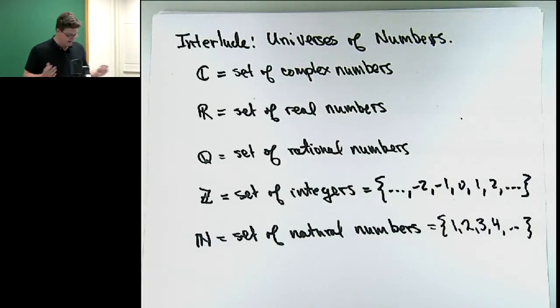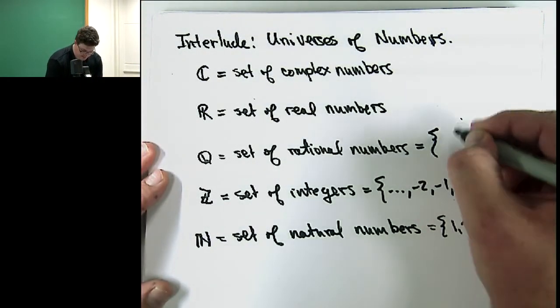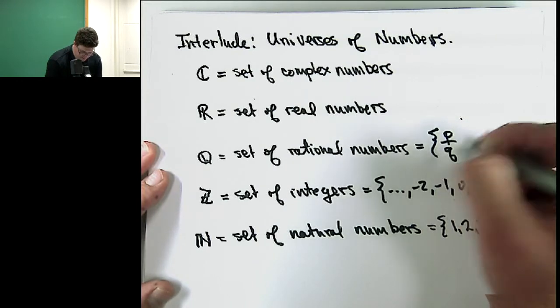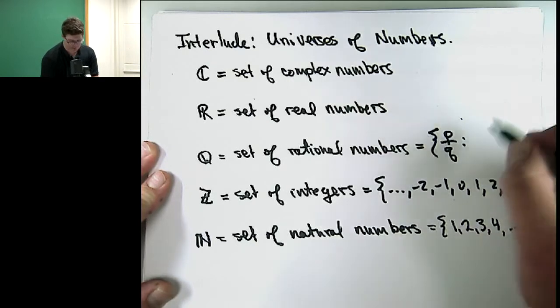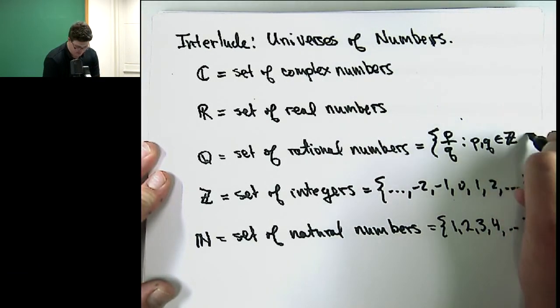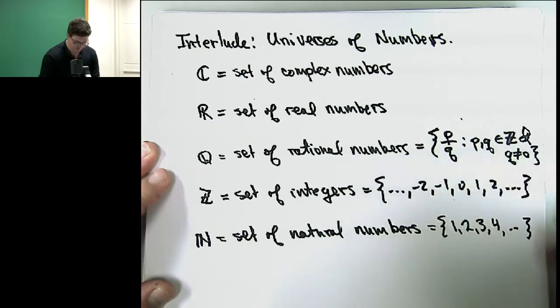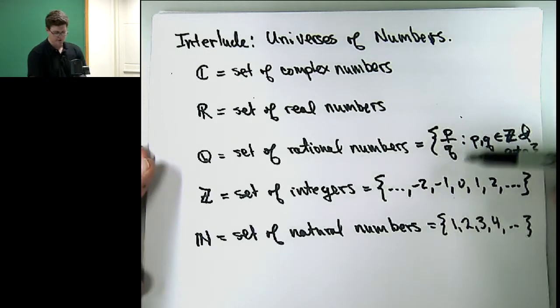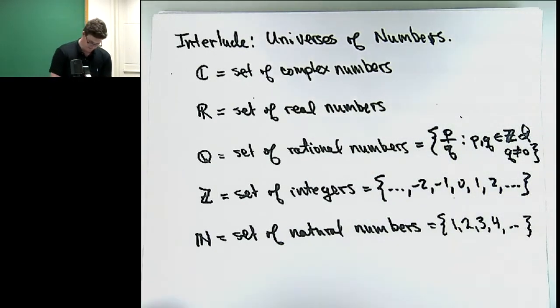So what is the set of rational numbers? I'm going to tell you about set builder notation. The set of rational numbers are the things that look like P over Q such that, that's how you read this. So it's the set of P over Q such that P and Q are integers, and Q is not equal to 0. They're just ratios of integers. Let me tell you what this little symbol means.